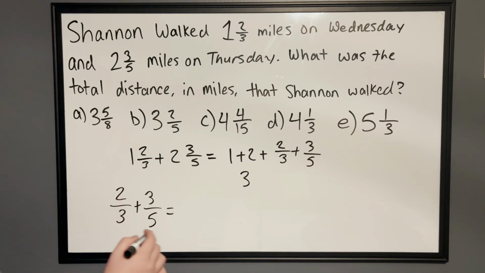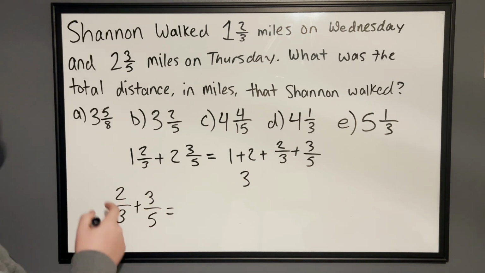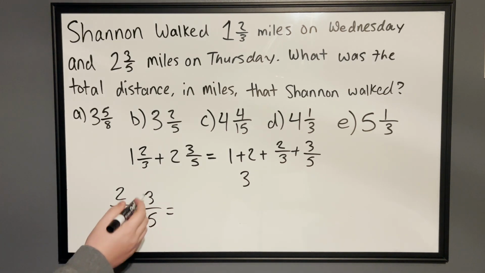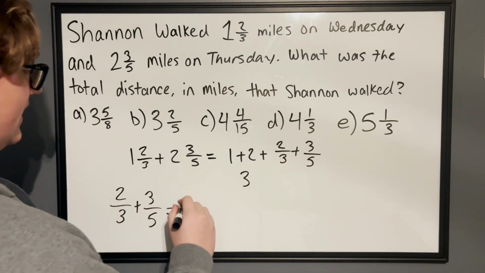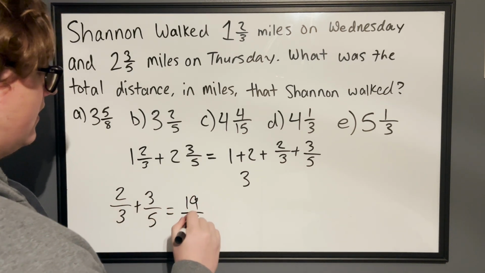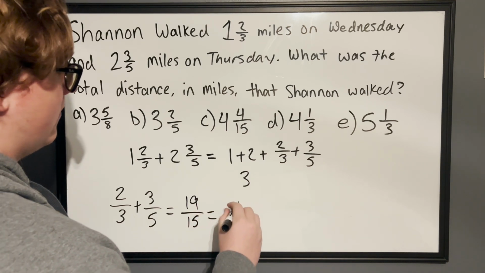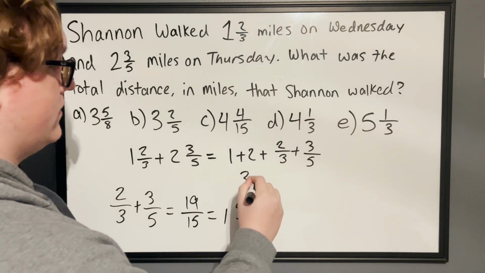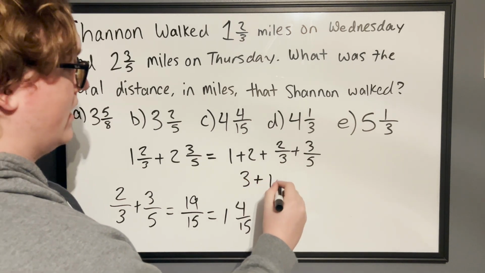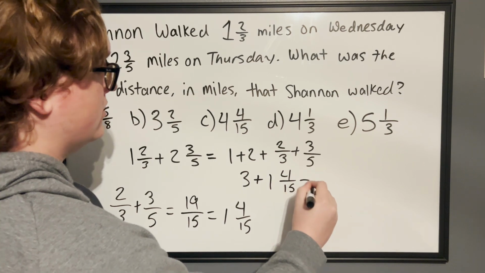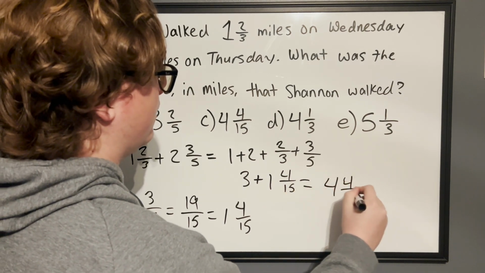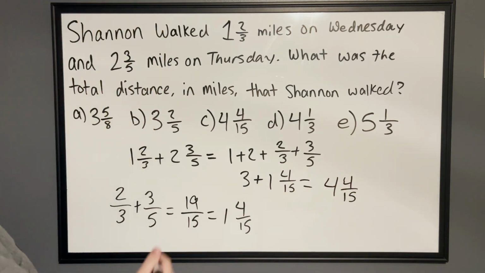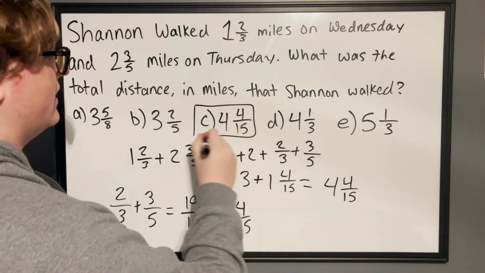So we're going to do the cross, add those, and then multiply these to get the common denominator. So here we have 10 plus 9 is 19 over 15, which is equal to 1 4/15. So we have 3 plus the addition of these, which is 1 4/15. So this is 4 4/15. So our answer for this first question is going to be option C.